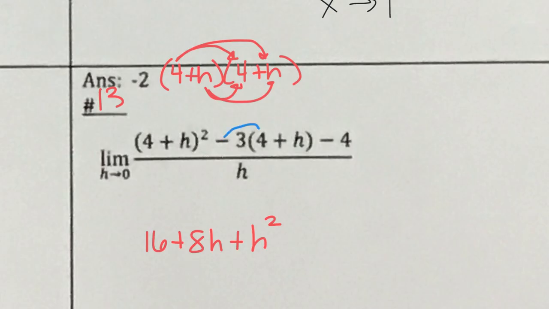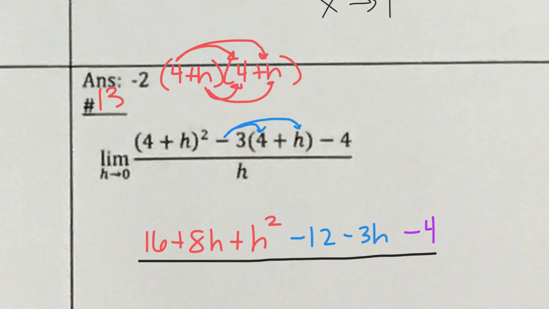Okay, and then we're going to multiply both of these things by minus 3. So that's a minus 12 minus 3h. And then I have this negative 4 hanging out there at the back, all divided by h. And that's the limit as h goes to 0.